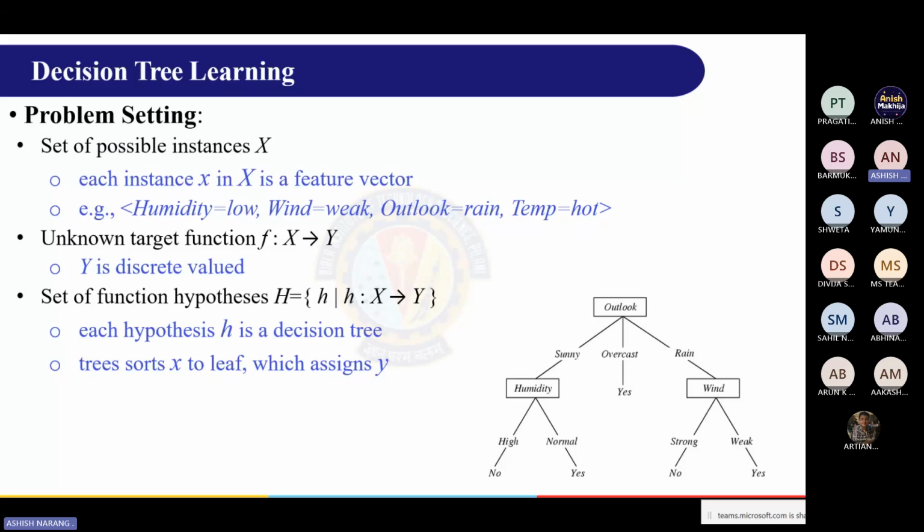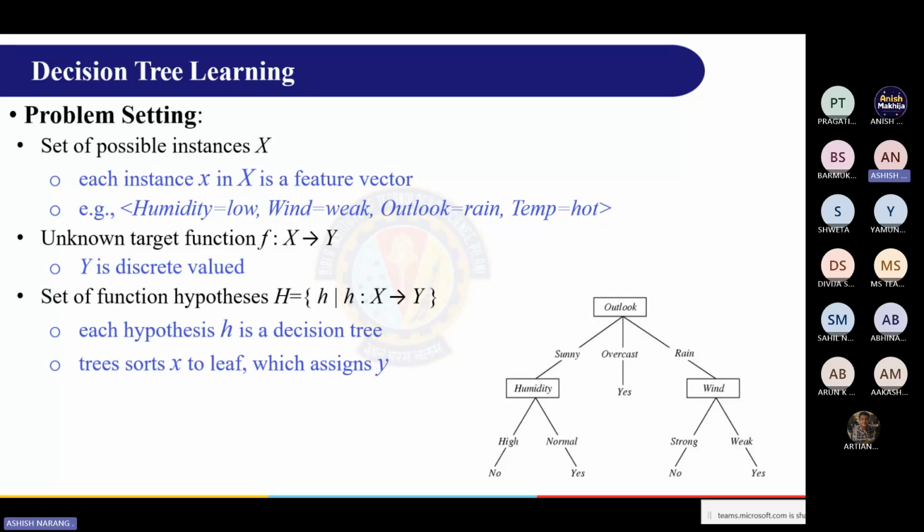Now, what we are trying to do here is create a decision tree, as the name indicates. I will come up with a tree which will test one attribute at a time, starting from the root.